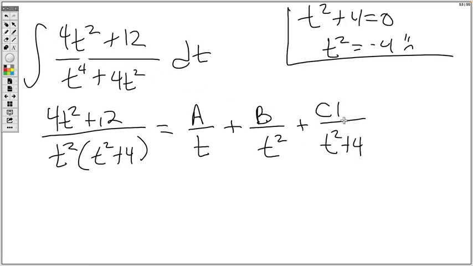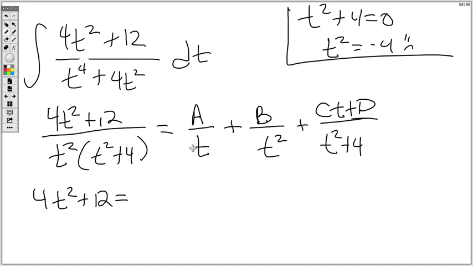So this would be a ct plus d. So I'm trying to find constants a, b, c, and d, so that this will work for all real numbers. Let's go ahead and clear out the denominators and see what we're working with here.